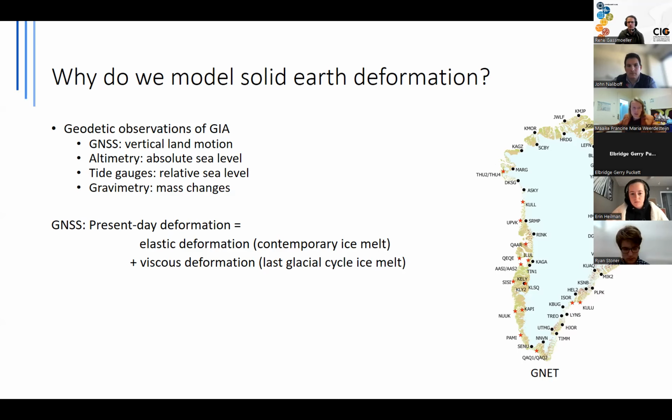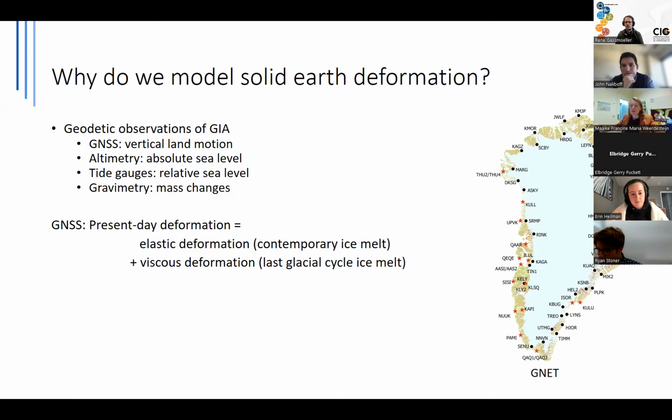And so let's focus on GNSS measurements. The present day deformation and deformation rate we measure is a combination of the elastic deformation coming from contemporary ice melt and a signal of viscous deformation coming from ice melt over the last glacial cycle.